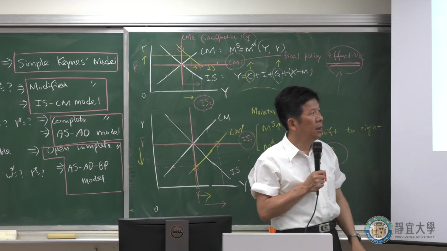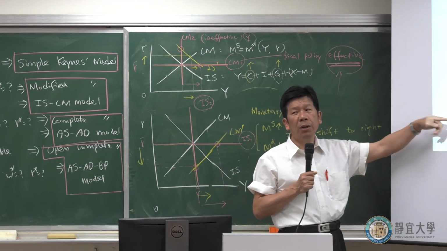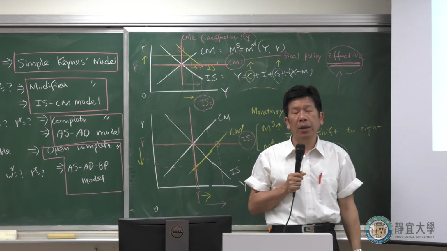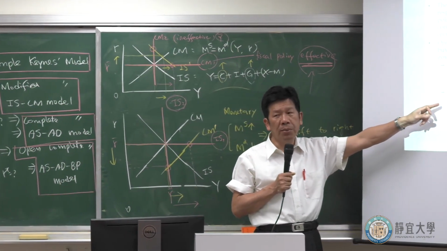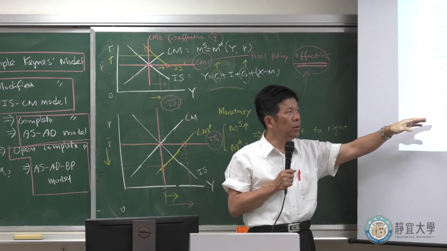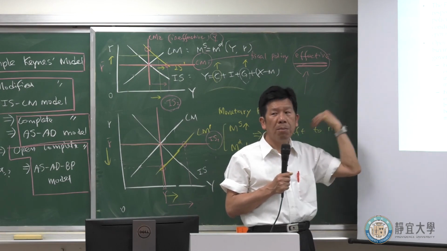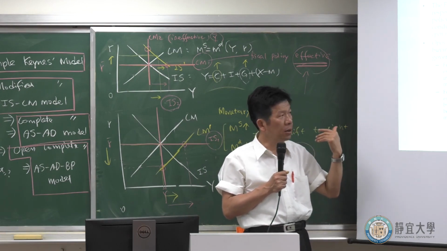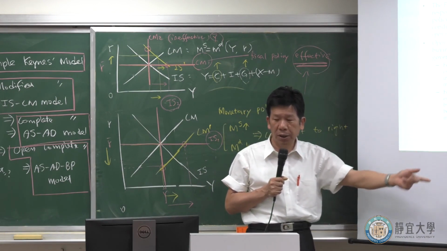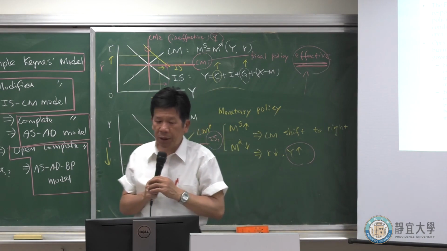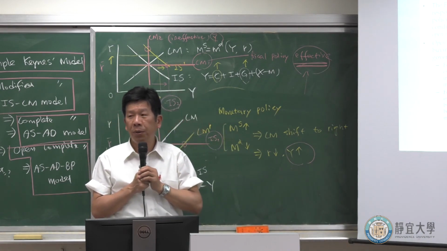They also can use the opposite policy. They just sell the bond, and then the money will come back into the banking system. Then they can let the money supply decrease. So this is the open market operation.